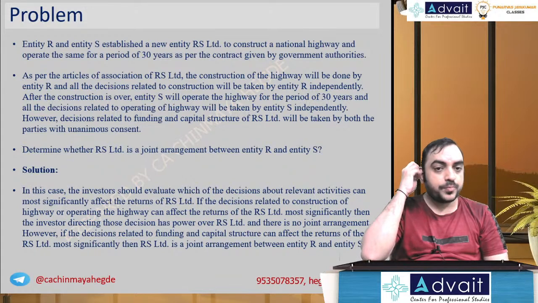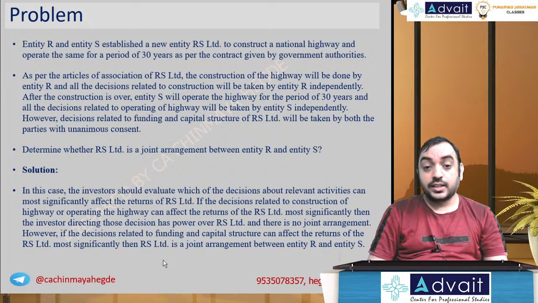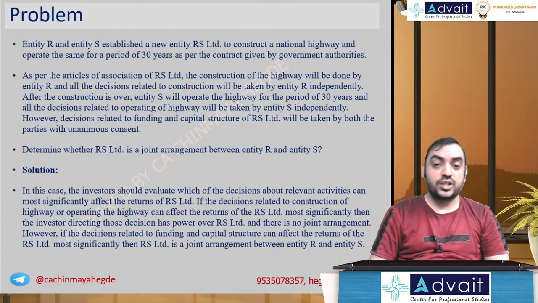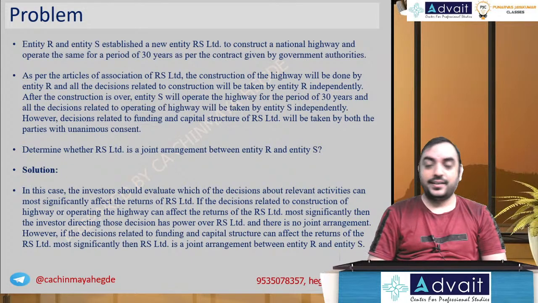There might be a joint operation, or there might be a separate entity, a joint venture. Anyway, we'll read further. As per the Articles of Association of RS Limited, the construction of the highway will be done by entity R, and all the decisions related to the construction will be taken by entity R independently.